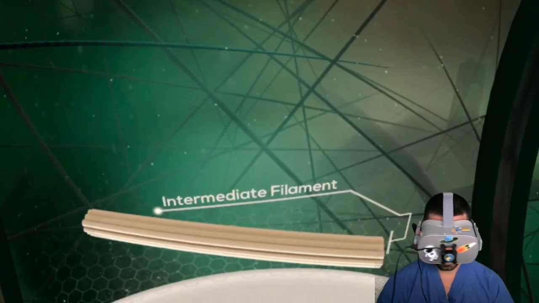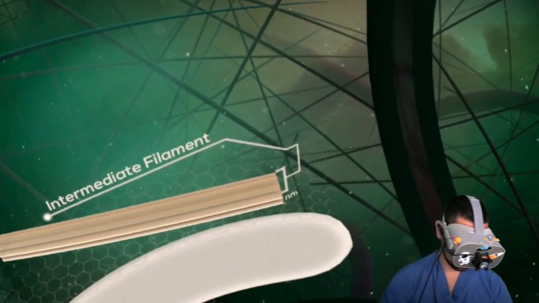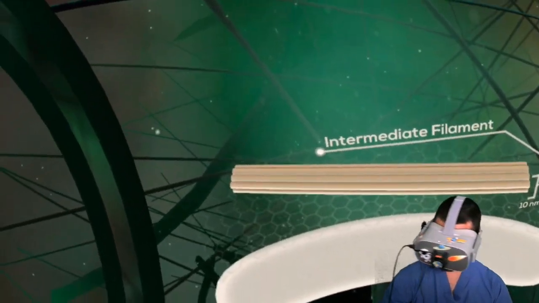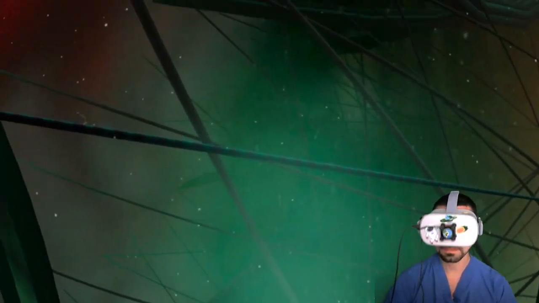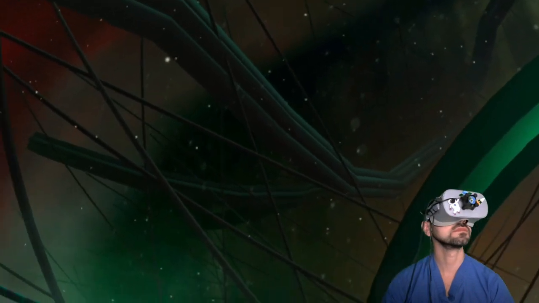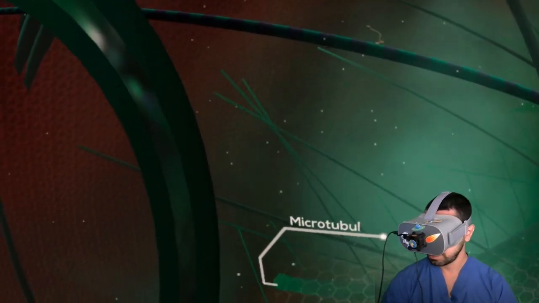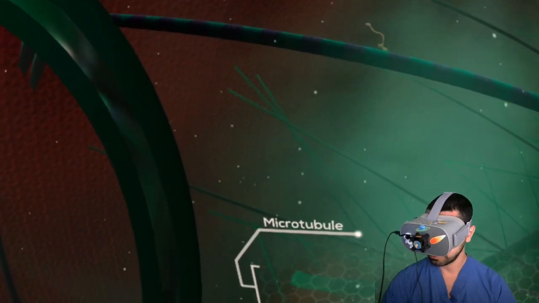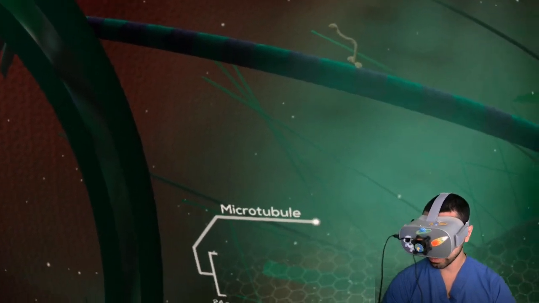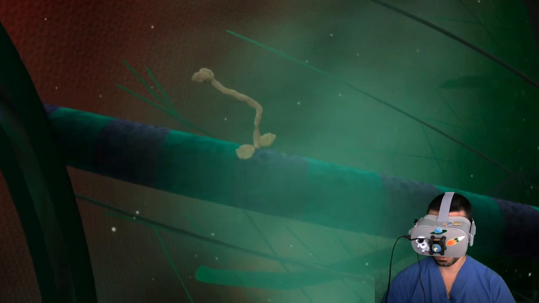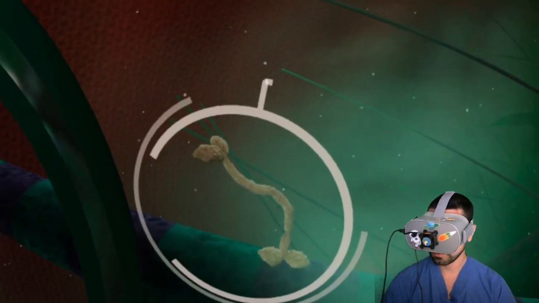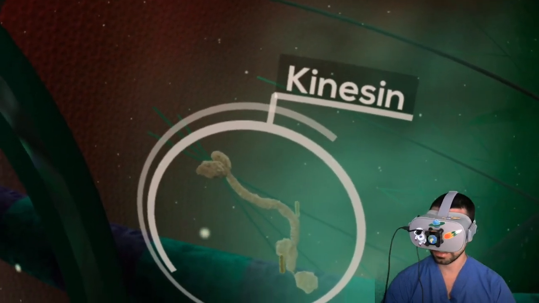And then there are the intermediate filaments. They have a diameter of about 10 nanometers. Then we have microtubules with a diameter of 24 nanometers. These are big enough to be used for transfer.